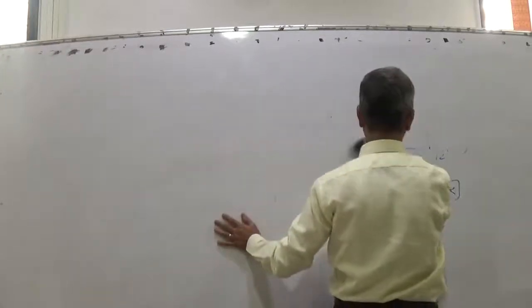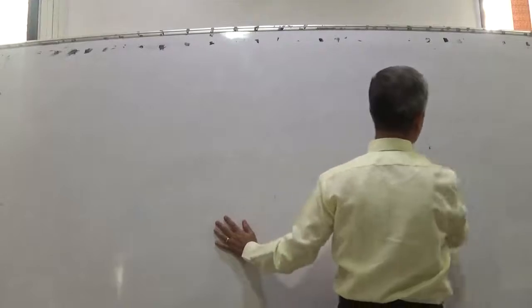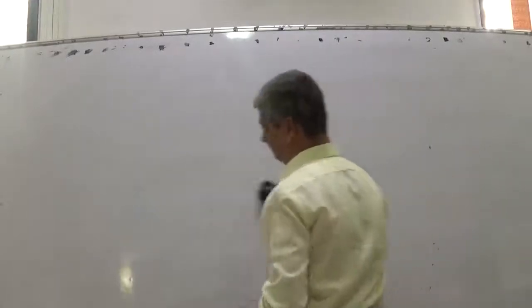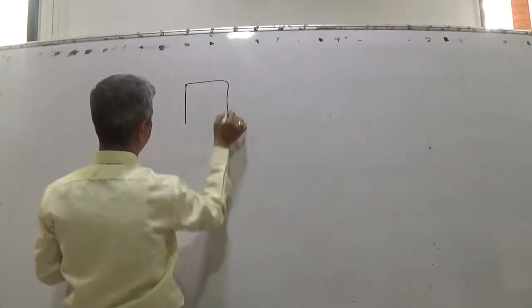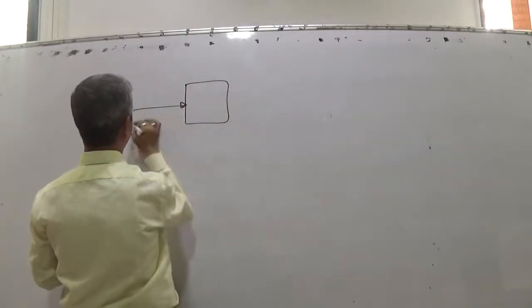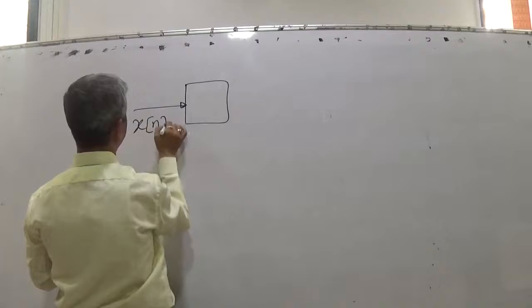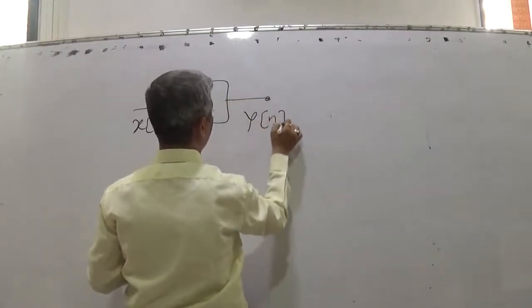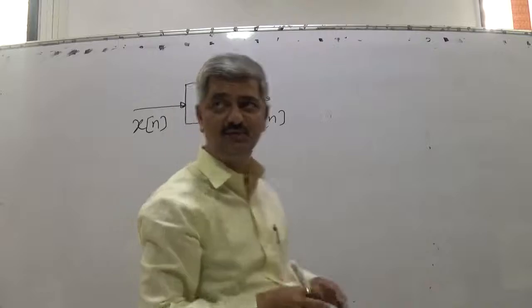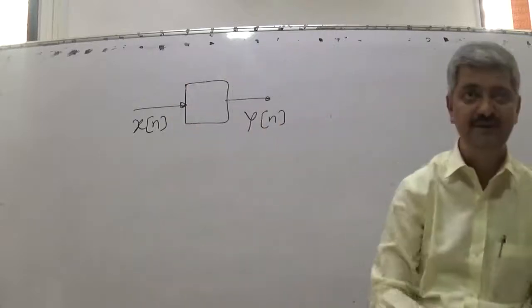I will generate a very simple system. We have x[n], we have a system where I apply input x[n] and I obtain output y[n], and the system equation can be of different kinds.